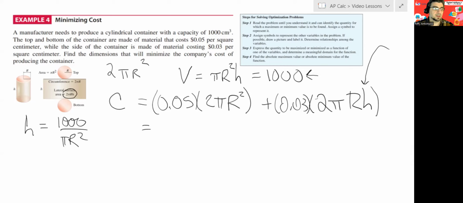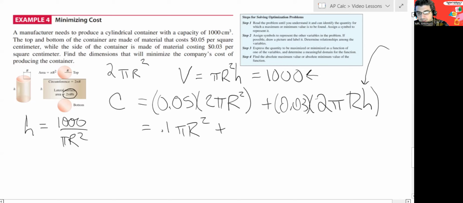So 0.05 times the 2 is going to give us 0.1 pi r squared plus 0.03 times the 2 is going to give us 0.06 pi r times the h, which is 1,000 over pi r squared.